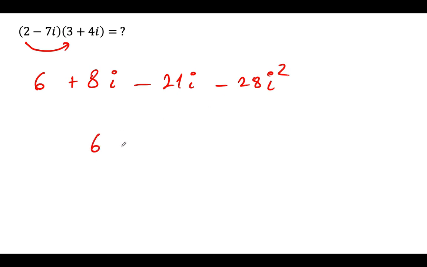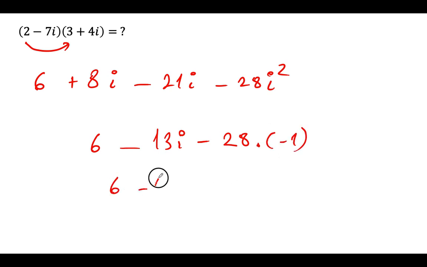And then 6, 8i minus 21i, so it will be negative 13i, and 28 times, instead of i squared, put negative 1. So 6 plus 28, which is 34, minus 13i is the final result.